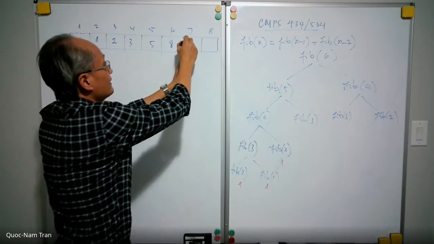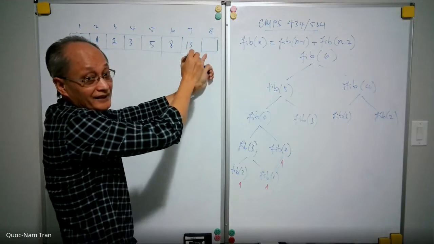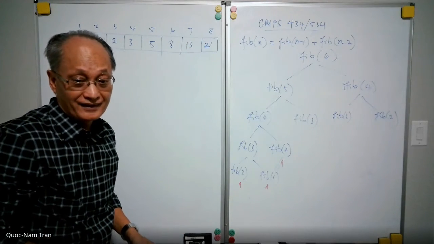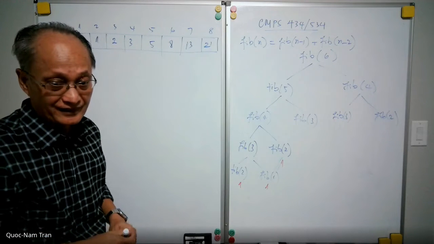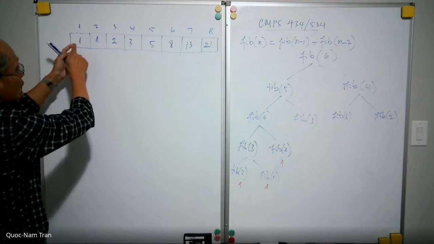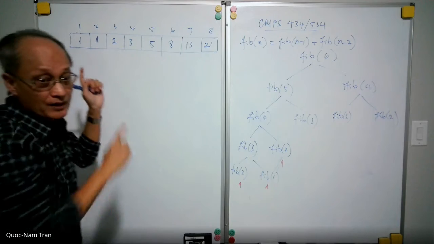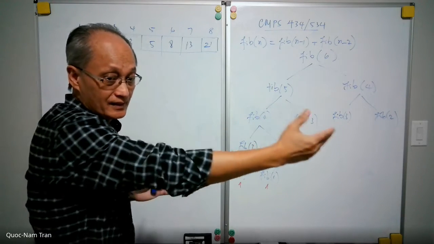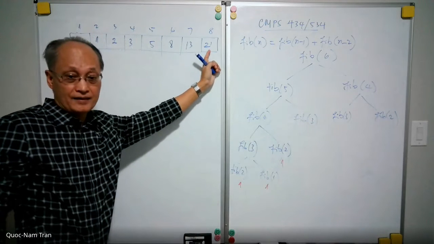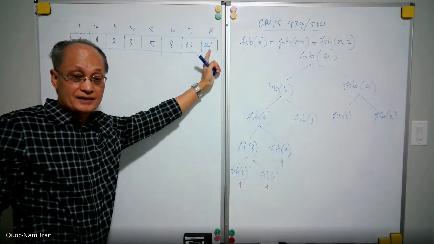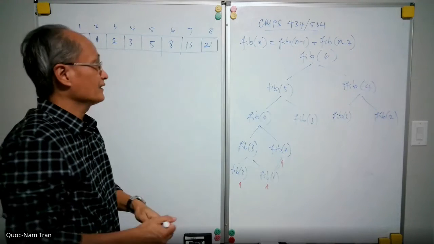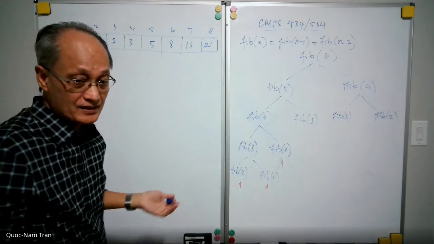And 13, right? And then we have 21. Okay? So that is the idea. So we will try to compute the values from the smallest one, continue until we have the Fibonacci number we need, right? Okay, so that said, we can design our algorithm like this.